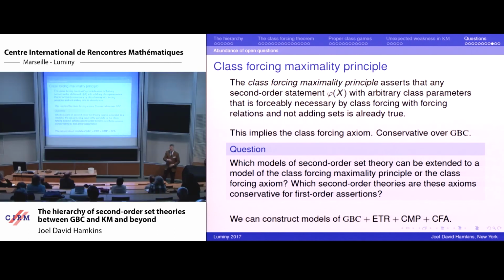If I have a GBC model, I can make that true without adding any sets. And it's not clear exactly which models of second order set theory that construction works with, and also which of the second order theories are conservative for the first order assertions in that way. So we can make models of GBC plus ETR plus the maximality principle and therefore also the forcing axiom by starting with a model of Kelley-Morse and doing our construction. This is what we get.